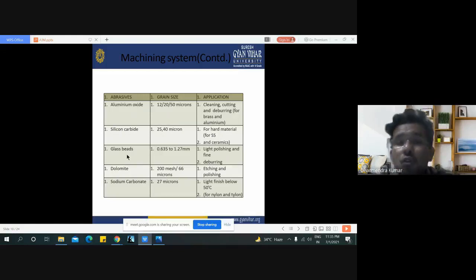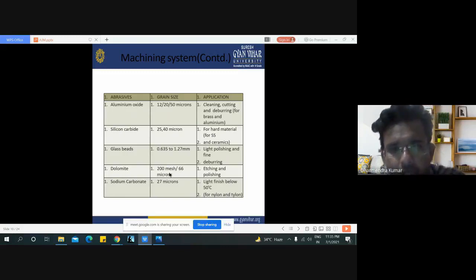We also use glass beads as abrasive material, with a grain size of 0.635 to 1.27 mm. This is applicable where light polishing and fine deburring are required. We use dolomite, a kind of stone generally found in Italy.